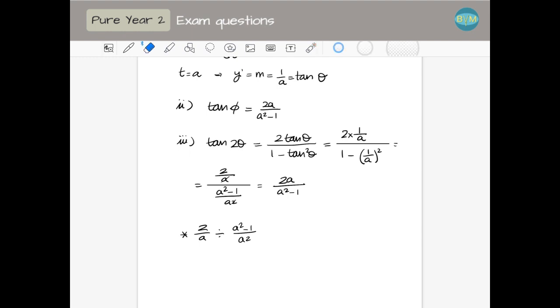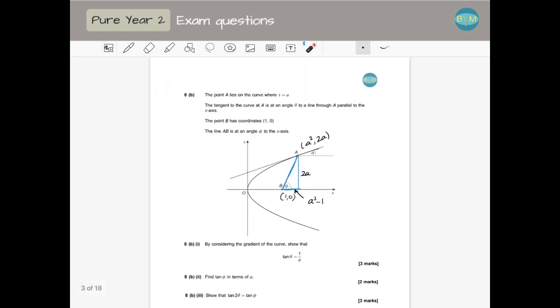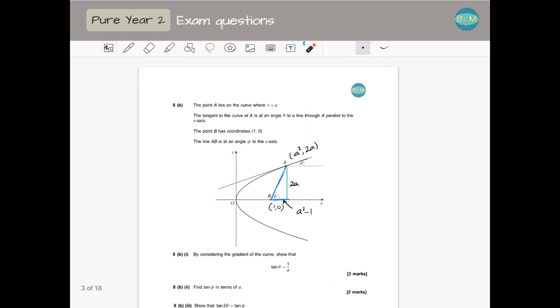So I have in the numerator 2a, and in the denominator a squared minus 1. And this is tan phi. That's what we needed to prove. And that's all with this question.